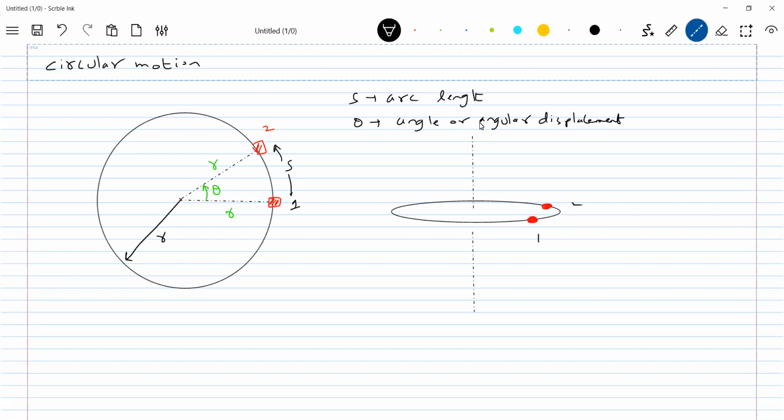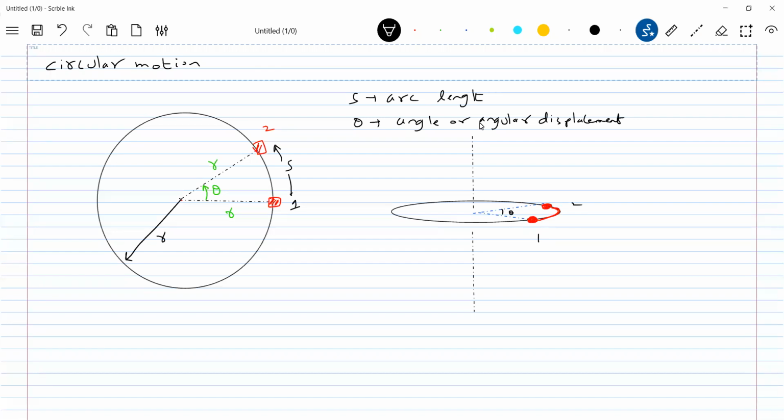If you check the other things, this will be the arc length. This red color I'll show, this is the arc length, and this will be theta.